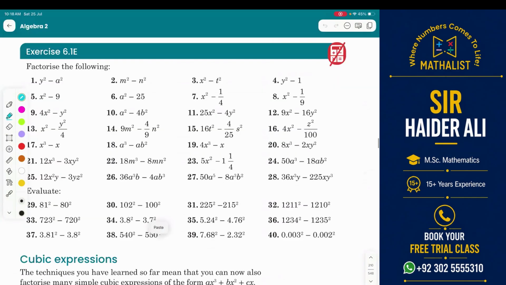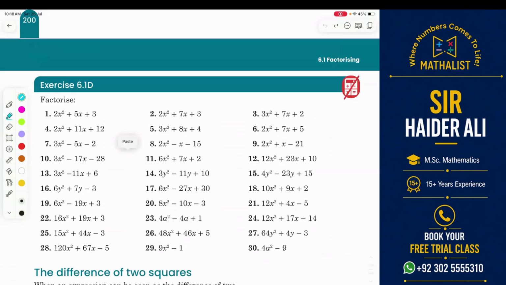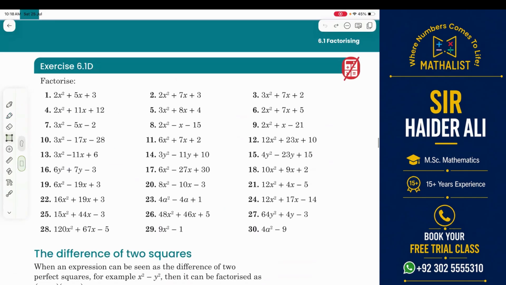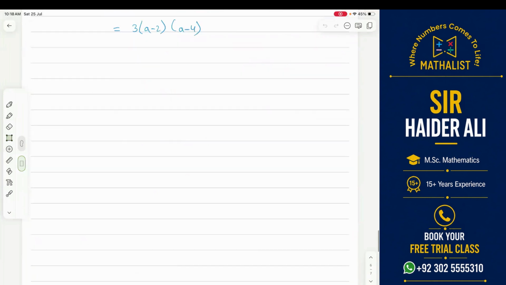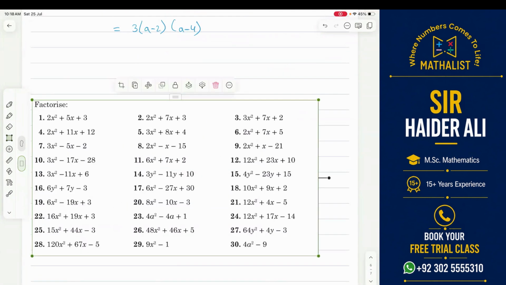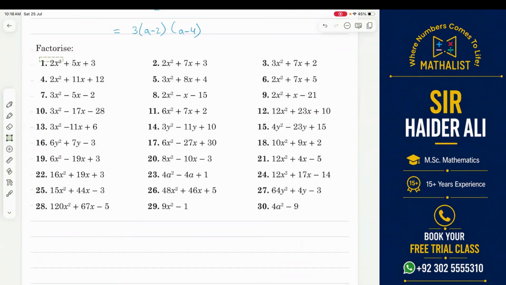Now, next one. Here we will make the pair a square minus b square. And the previous one, this one that I want to solve now. Factorize. First of all, I am going to start question number 1.